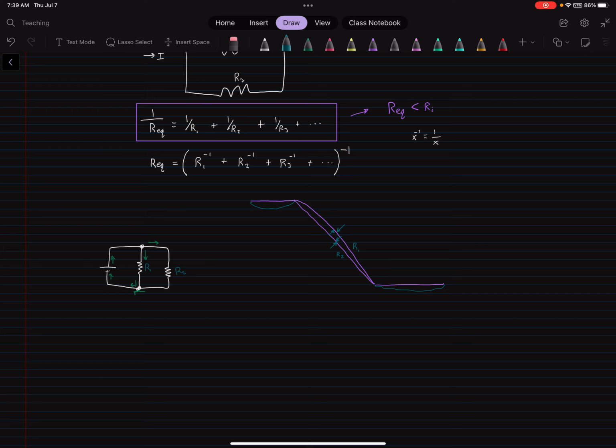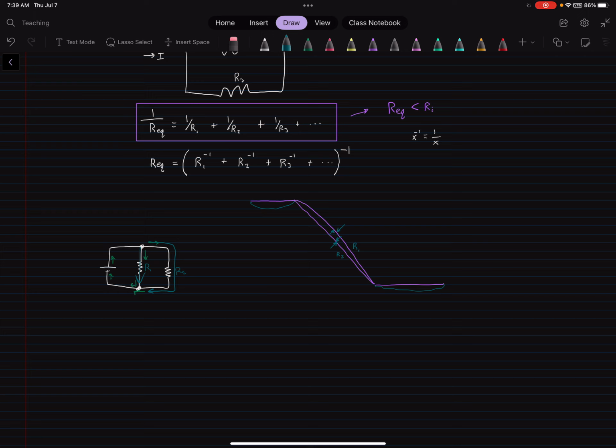But we've added a whole other pathway. So this original pathway here is still as much in use as it was before we added that second resistor. And now we've added the second pathway, which I've denoted for some reason R1, and the same amount of water is flowing in R2, and now we additionally have some water flowing in R1.